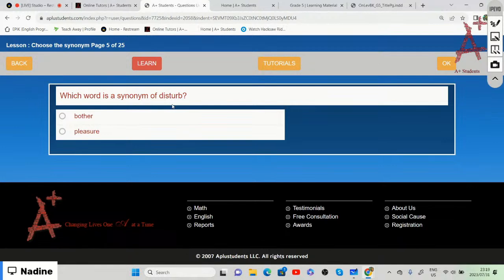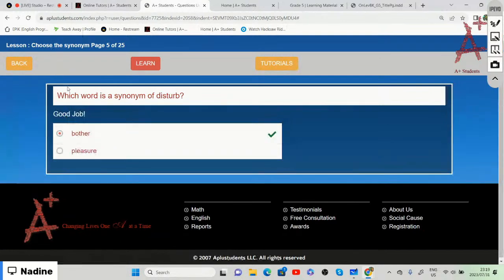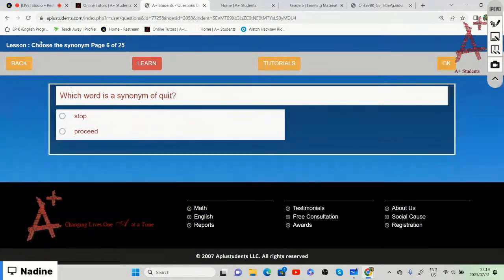Is it to bother you? If someone disturbs you, it's the same as saying that they are bothering you. There is no pleasure in being disturbed.